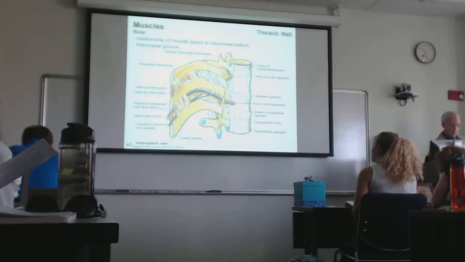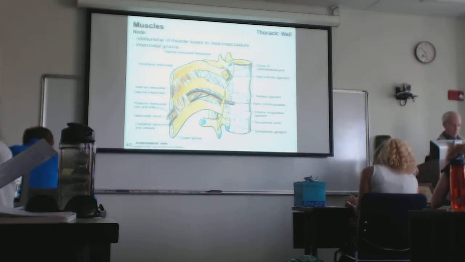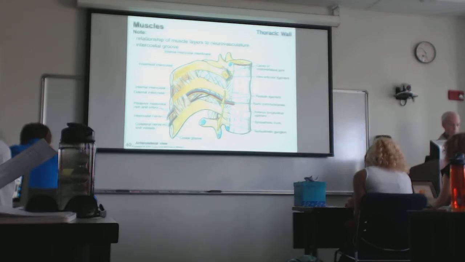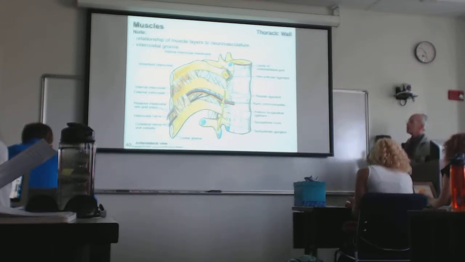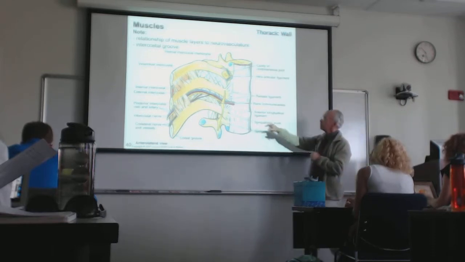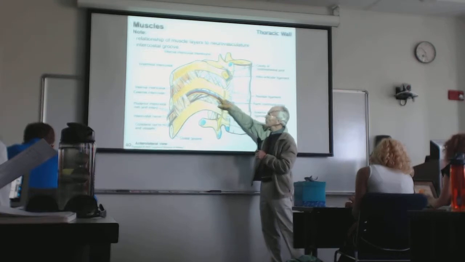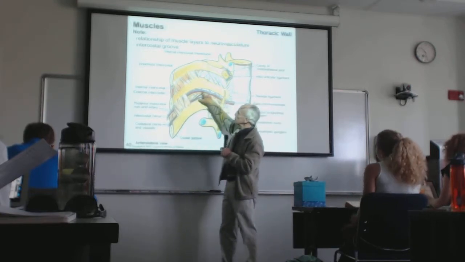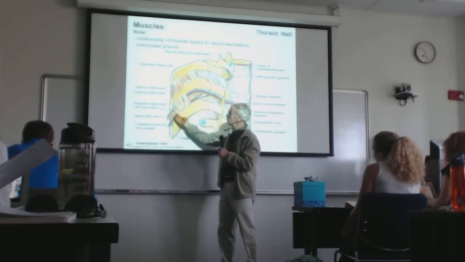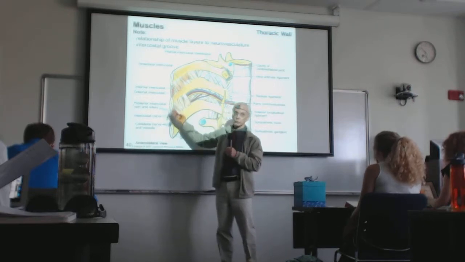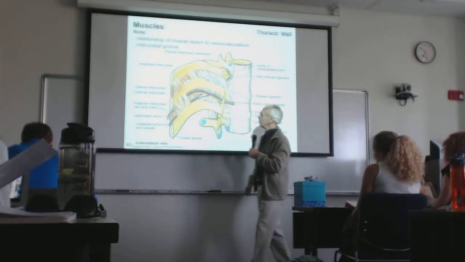Now running between the innermost intercostal and the internal intercostal are the intercostal artery, nerve, and vein. So they're all going to be right in here. And then as we proceed laterally, they're going to tuck themselves up under that costal groove that we saw on the rib earlier.